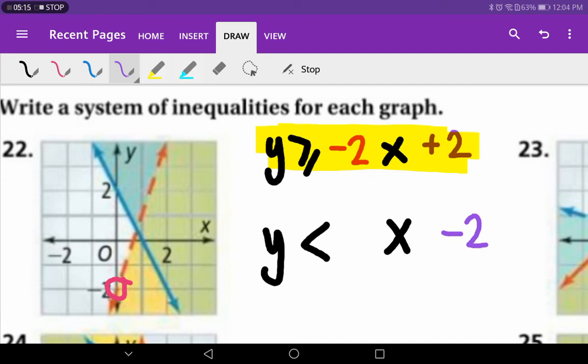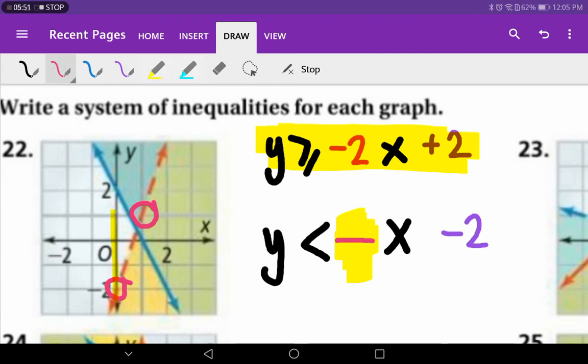So -2. I will write here -2. Okay, now the coefficient of x comes from rise over run, the slope, yes. I will draw like this and determine the second nice point. Actually, the second nice point comes here. Now I will move from down to up or up to down. It is up to you. So let me move from down to up. Actually, it is from here. I move 1, 2, 3.